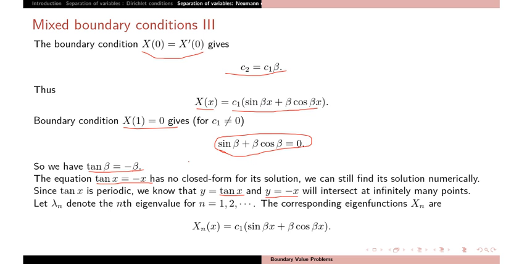And if you plot the graph of tan x and minus x, their intersection points, which are infinitely many, and all the intersecting points are solutions. So by solving this problem, you can find beta, and this is an unusual problem, and solutions are given by this: C1 (sin beta x plus beta cos beta x), writing C2 equal to C1 beta, and beta is given by roots of this equation, tan beta equal to minus beta.